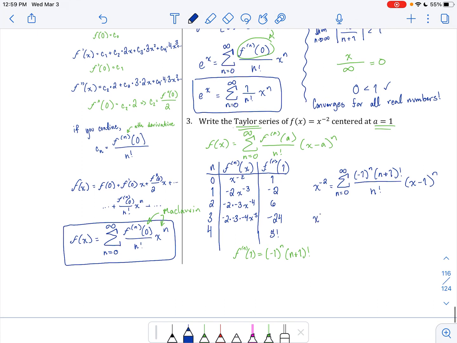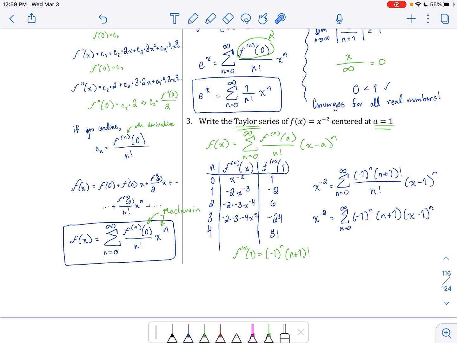Now, of course, you'll hopefully notice that you can simplify that. The factorials simplify. You still have the alternating section, negative 1 to the n, times n plus 1, times x minus 1 to the n.